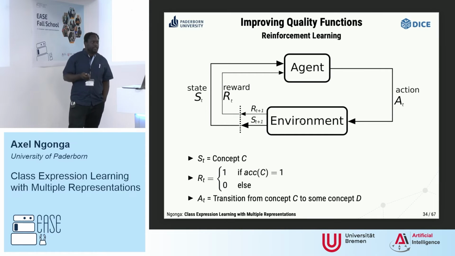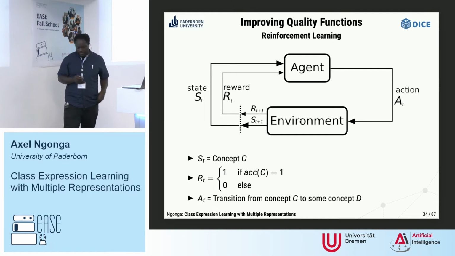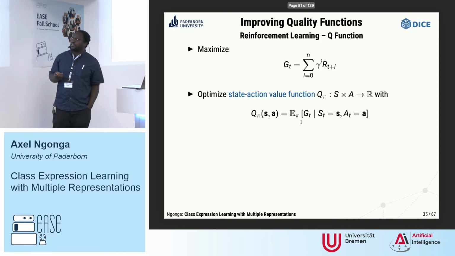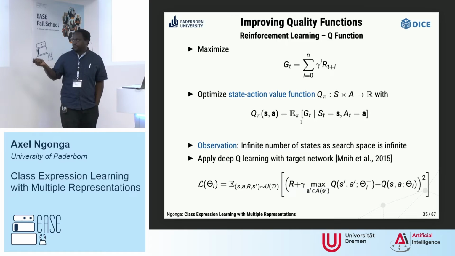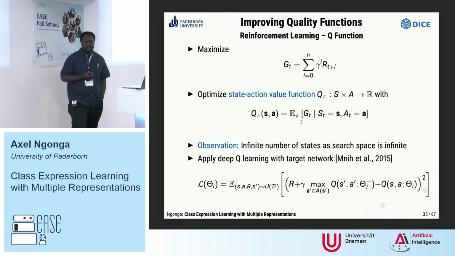And what we want to do here is, instead of using a standard quality function, to use a proxy for a quality function, which actually considers future rewards. The important equation here is this one. The way we want to do that is by minimizing square loss. That's pretty obvious.